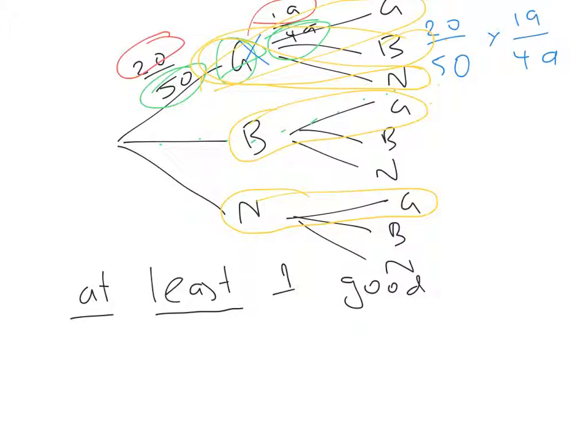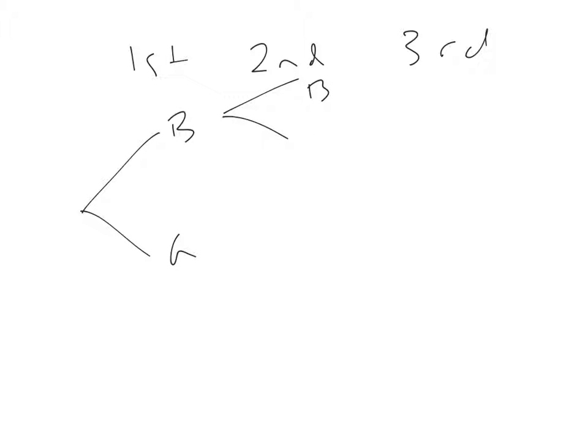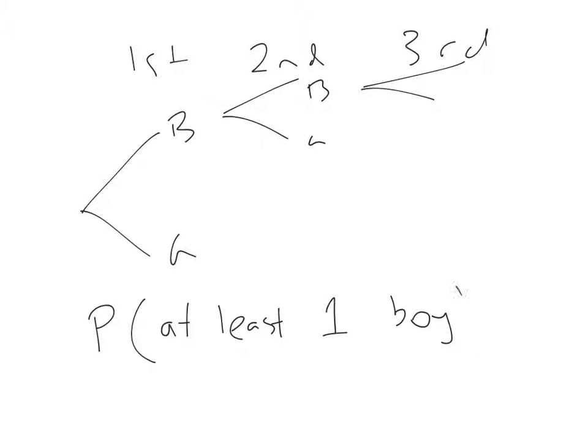And sometimes it's easy if there's only 2 outcomes, like if we were doing having 3 children, so first, second, and third child. The first child could either be a boy or a girl, and a boy or a girl, etc. The probability of at least 1 boy, well, lots of these are going to have boys in them.